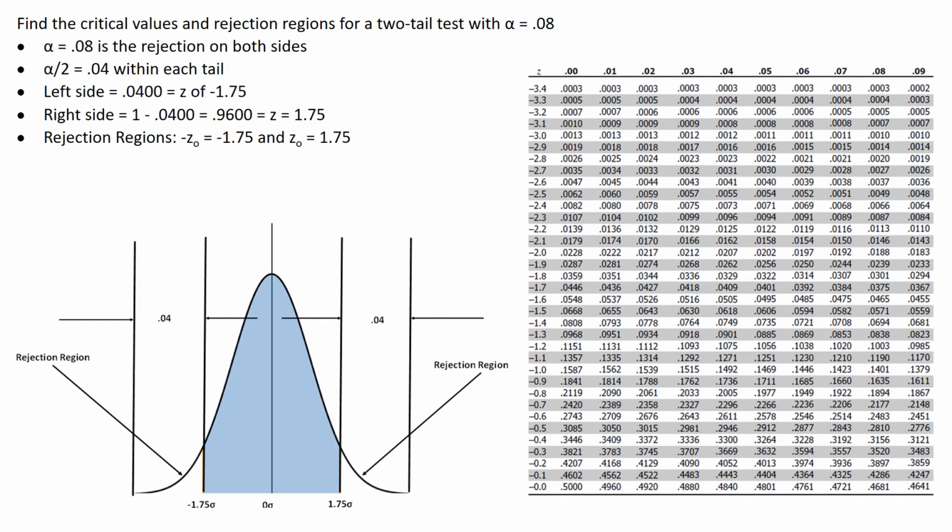Let's see this one here. Find the critical values rejection region for two-tailed test at alpha 0.08. Alpha 0.08, it's two-tailed, which means it's 0.04 on each side. And I'm just going to find the left side here. So this is 0.04.